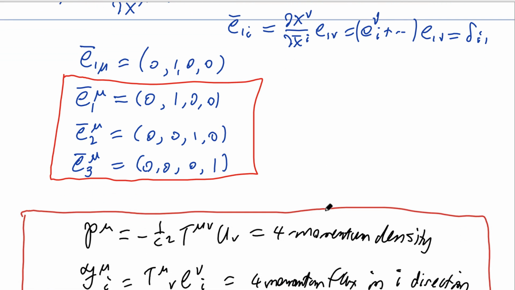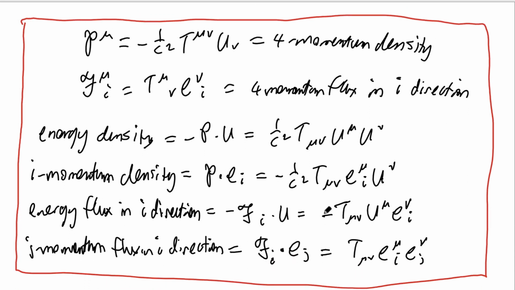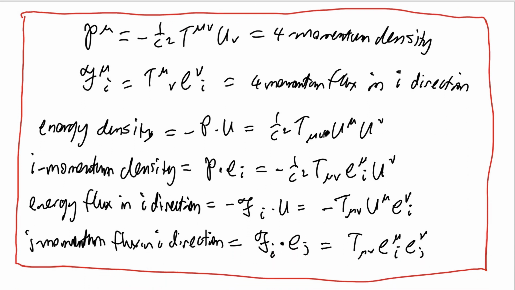So let's return now to our general definitions for the stress energy momentum tensor and write these definitions in terms of Fermi normal coordinates. For this first one, the energy density, in Fermi normal coordinates I just put bars on each of these tensors, and then u bar mu and u bar nu are each just c, 0, 0, 0.